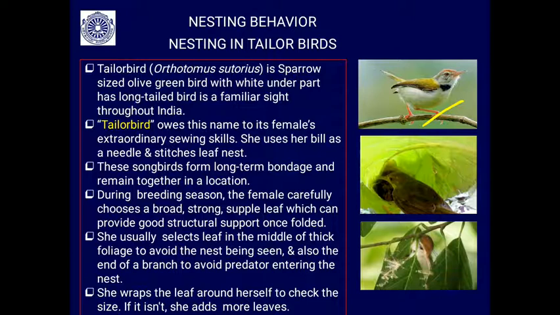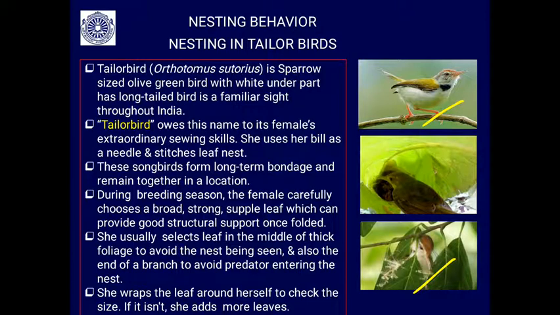It's a common bird you will find in your garden also if you are keen in observation. It owes its name Tailor bird to the female's extraordinary sewing skills. She uses her bill as a needle and stitches a leaf nest. You can see in this picture.